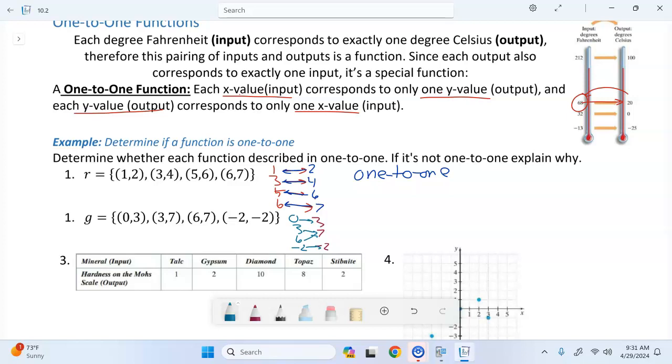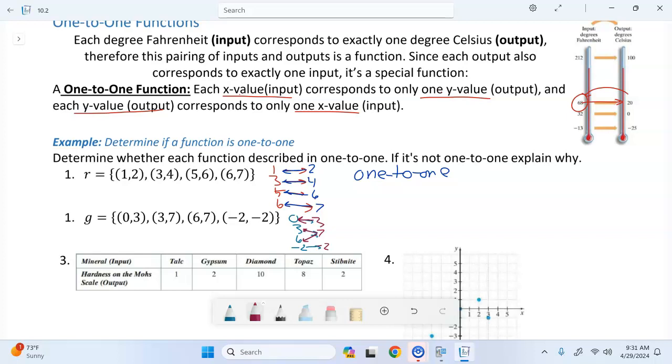So it's still a function. Each x value points to one y value. I take an input, I get one output. But when we do the reverse, 3 points to 0, but 7 points to both 3 and 6.